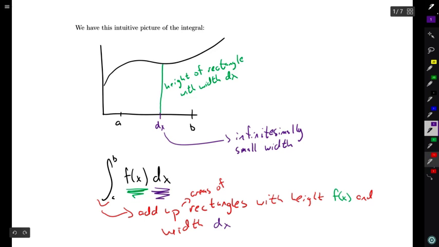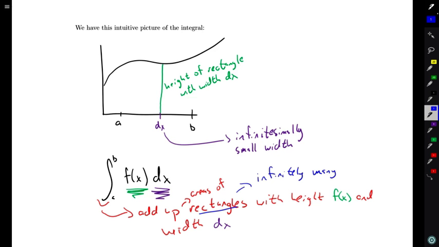Some things that are important to note here is that there are infinitely many of these rectangles, since there's one for each x value. So over each x value here, I can draw some height, and I can create some rectangle with width dx. So you might wonder, well, how can I add up infinitely many numbers and get some finite number?